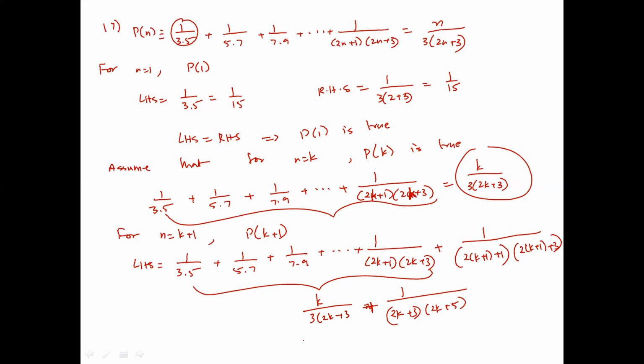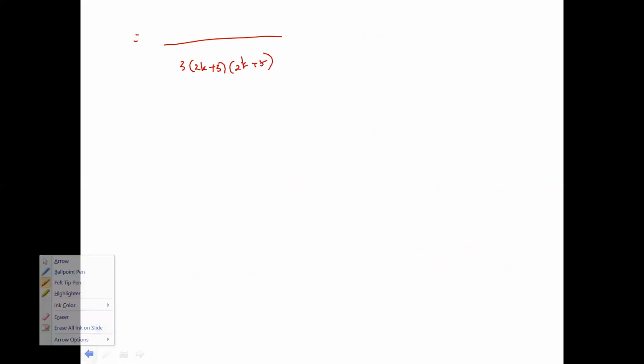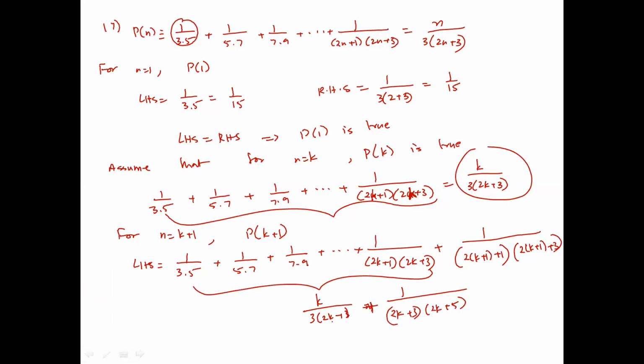Now I can take LCM, or common denominator. So the common denominator I will write as 3 into 2k plus 3 into 2k plus 5. This is what I have written.